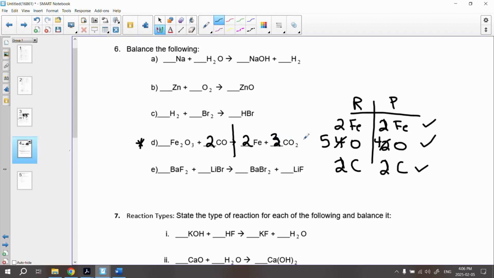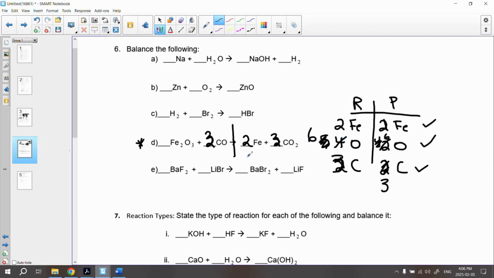So let's try 6. That makes 6 oxygen, and now I'm at 3 carbon. Well, if I go over here and change this to 3 to match the 3 carbon, let's see if that fixes the oxygen as well. 3 here and 3 here, so that makes 6.